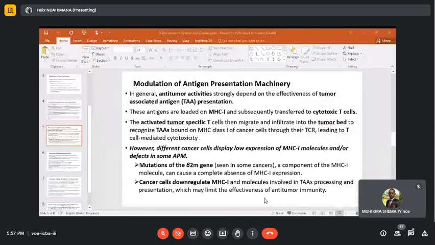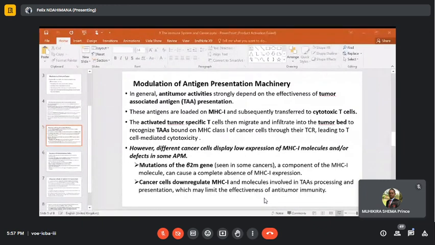This is a component of the major histocompatibility class 1 molecule. This can cause a complete absence of MHC class 1 expression. So if this gene, beta-2M, is mutated, there is a high chance that there will be no major histocompatibility class 1 expression.